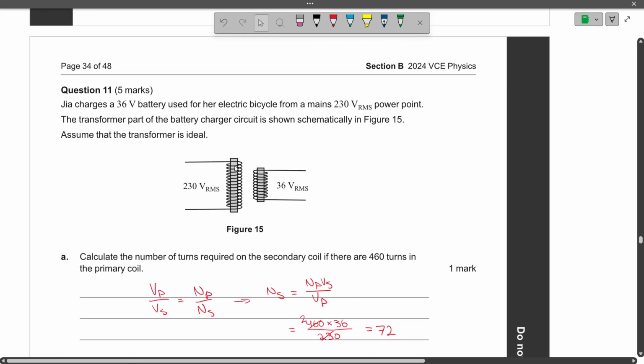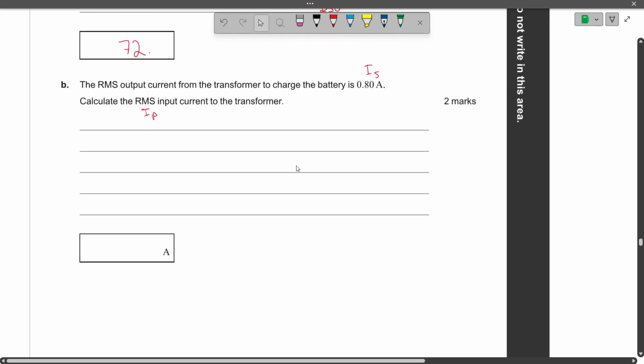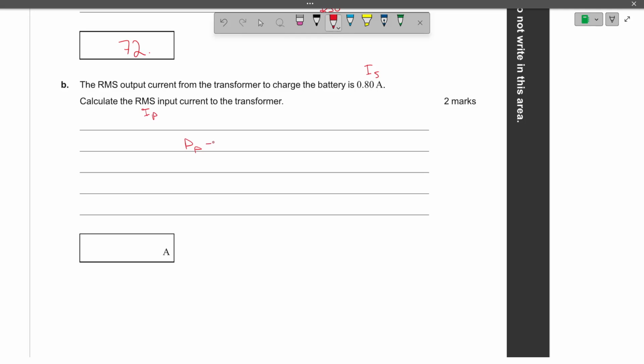So the power on one side of the transformer should be the same as the power on the other side. So PP equals PS. What does that mean? It means VPIP equals VSIS, and we want IP.